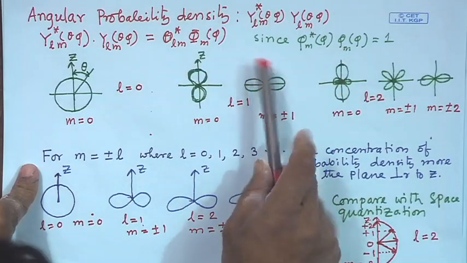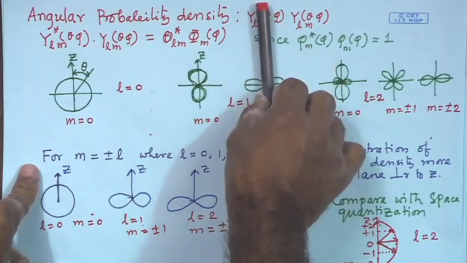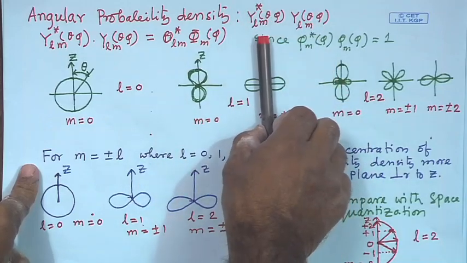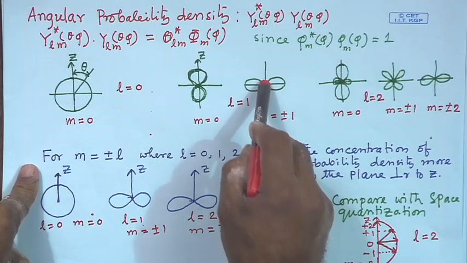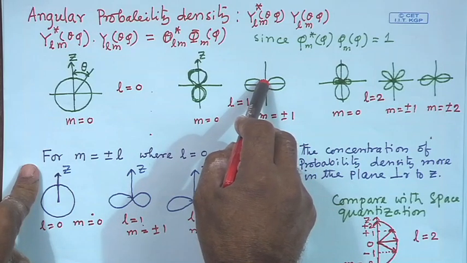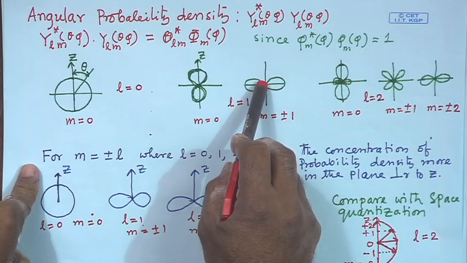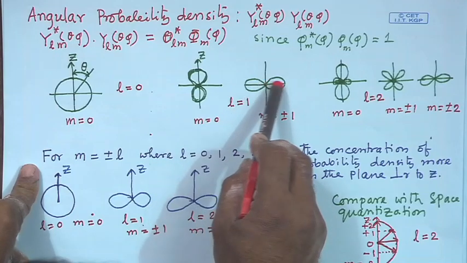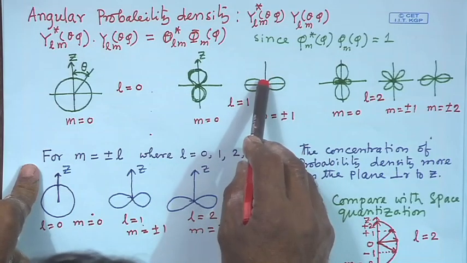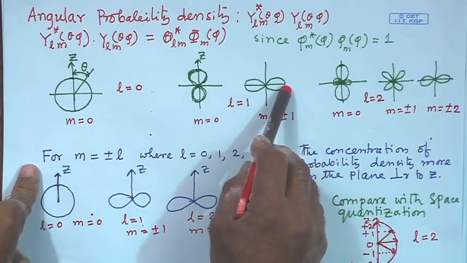At angle theta equal to 0, in the z direction, the probability is 0, because sin theta is 0 when theta equals 0. The maximum value is 1, when theta equals 90 degrees, the direction at 90 degrees with the z axis.